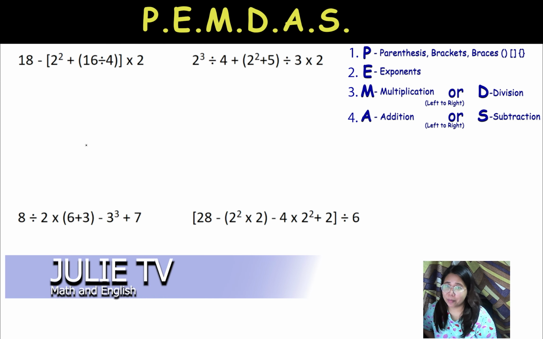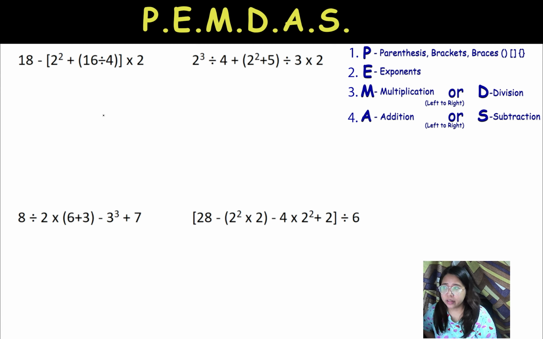So for example, we have 18 minus the quantity of 2 squared plus the quantity of 16 divided by 4 times 2. So according to PEMDAS, unahin natin yung nasa loob ng parentheses, brackets, and braces. Okay, so in this case, we have brackets and parentheses.